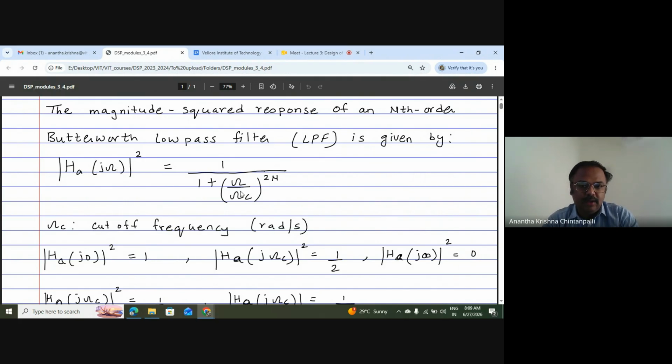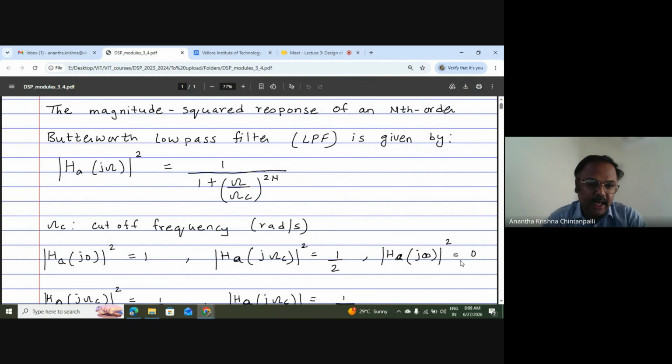When Ω is equal to Ω_c, this is going to be 1 over 2, so this is half. When Ω tends to infinity, the entire denominator term would go to infinity, so the magnitude square is going to be 0.